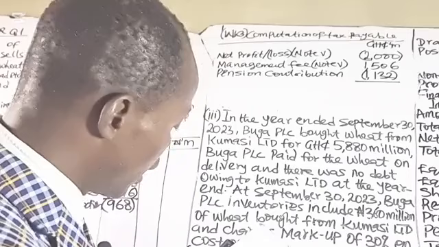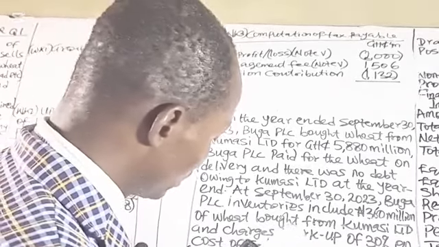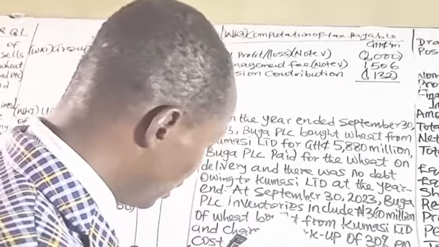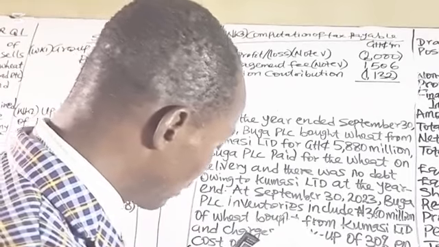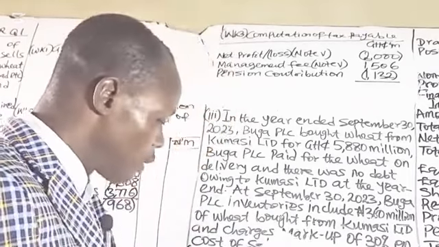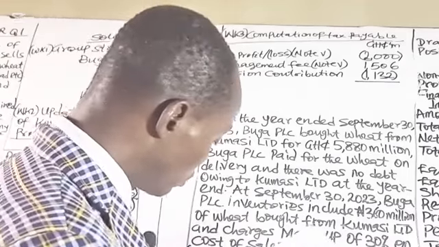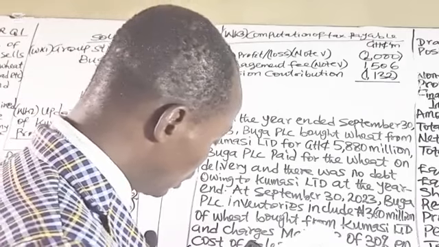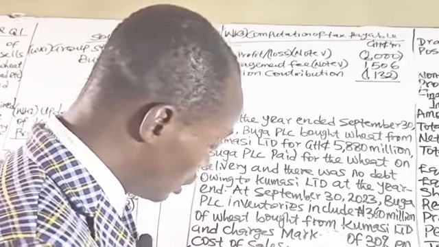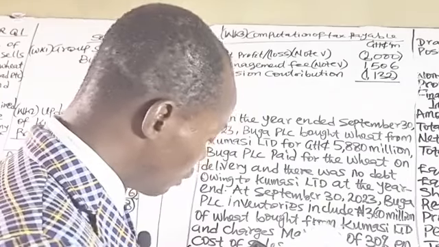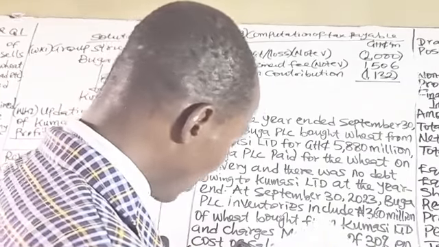Because note 6 on April, Buga PLC made an additional investment in Kumasi where it provided a loan. It's all about the loan. And note 8, there were no differences between fair value and Kumasi's net assets. That is also fair value.